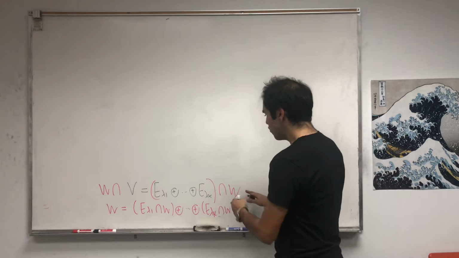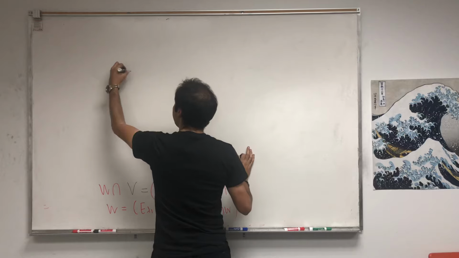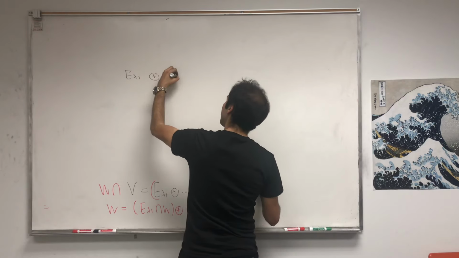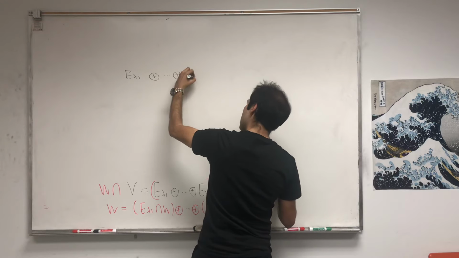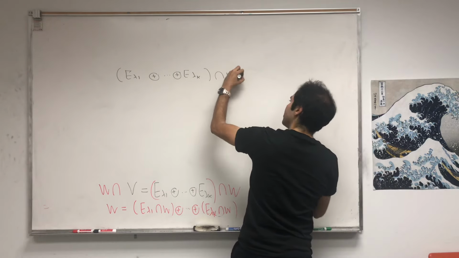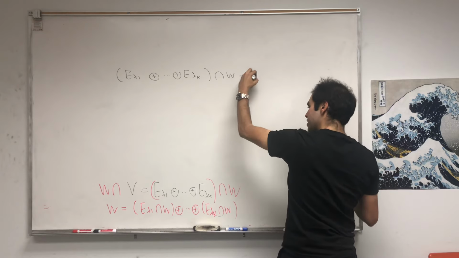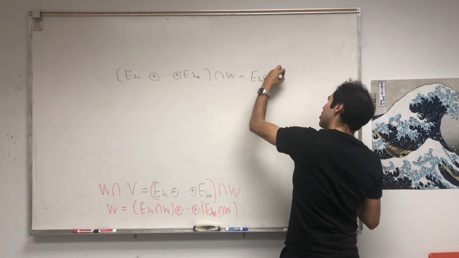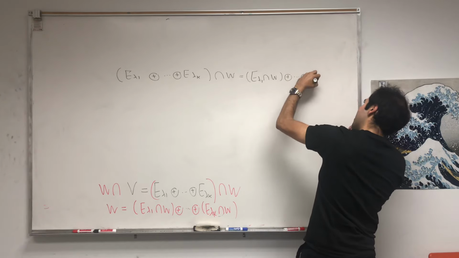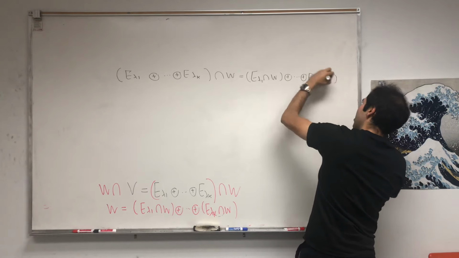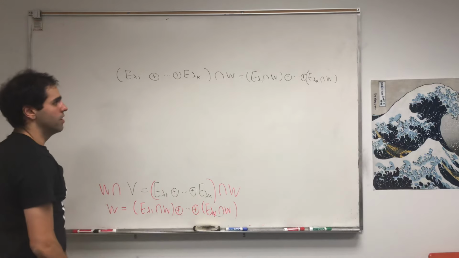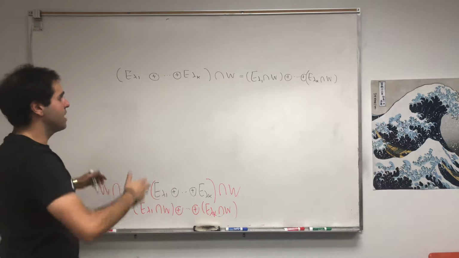So yes, let's first show this first claim. Let's show that E lambda 1 direct sum with E lambda k, intersect W, equals E lambda 1 intersect W, plus that plus E of lambda k restricted to W. And let's do it with what's called set inclusion.